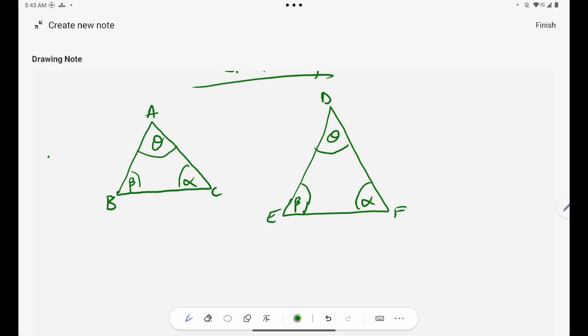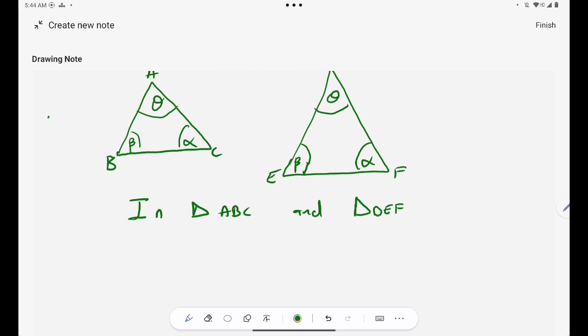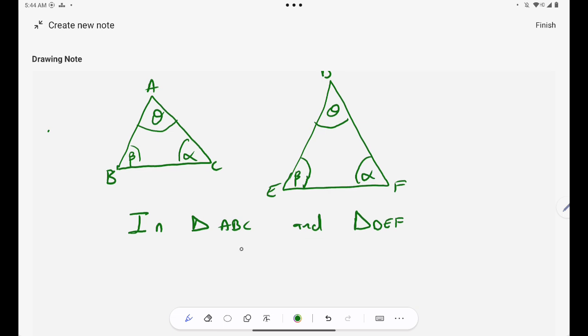Okay, so since we are comparing two triangles, triangle ABC and triangle DEF, né? I know that angle A is equal to angle D. Are you together? This thing has been given to me.